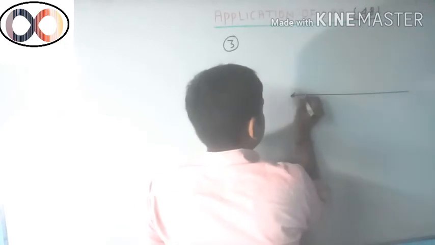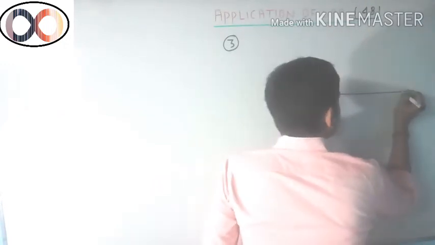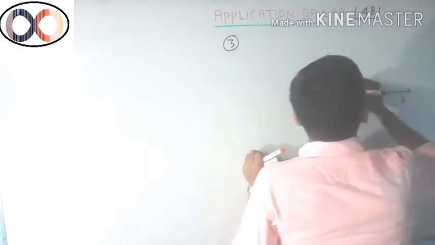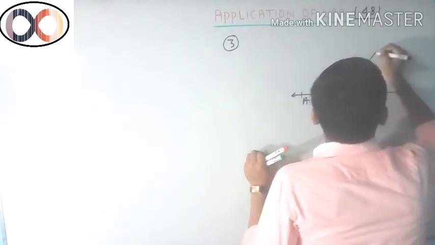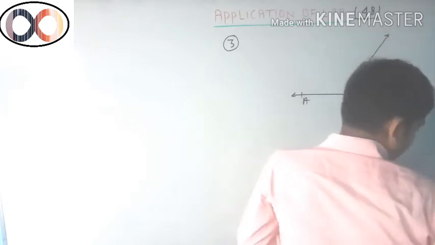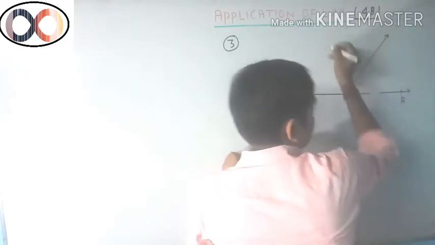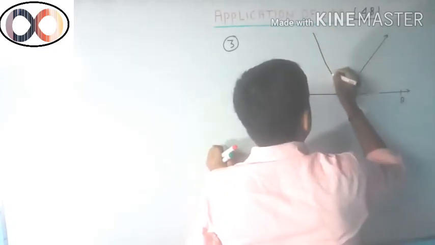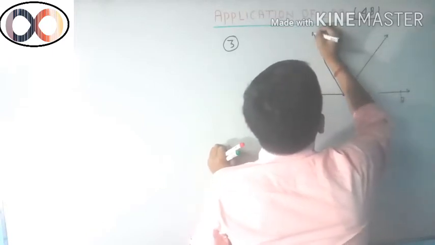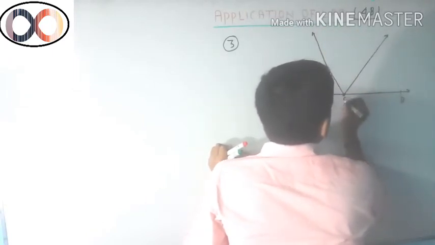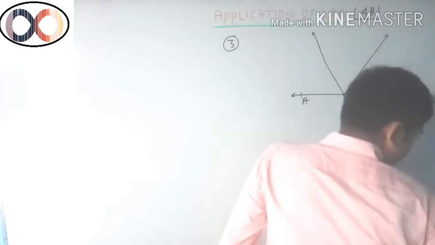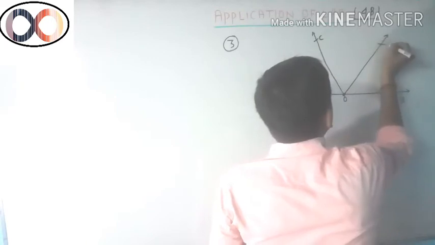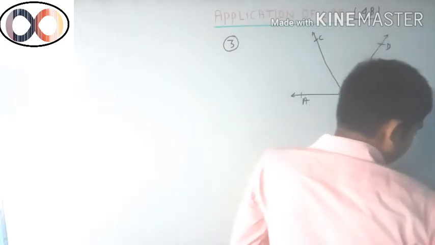This is A and this is B, this is one of the rays, and this is also one of the rays. Okay, so here is O, and this is C and this is D, and some data is already given.